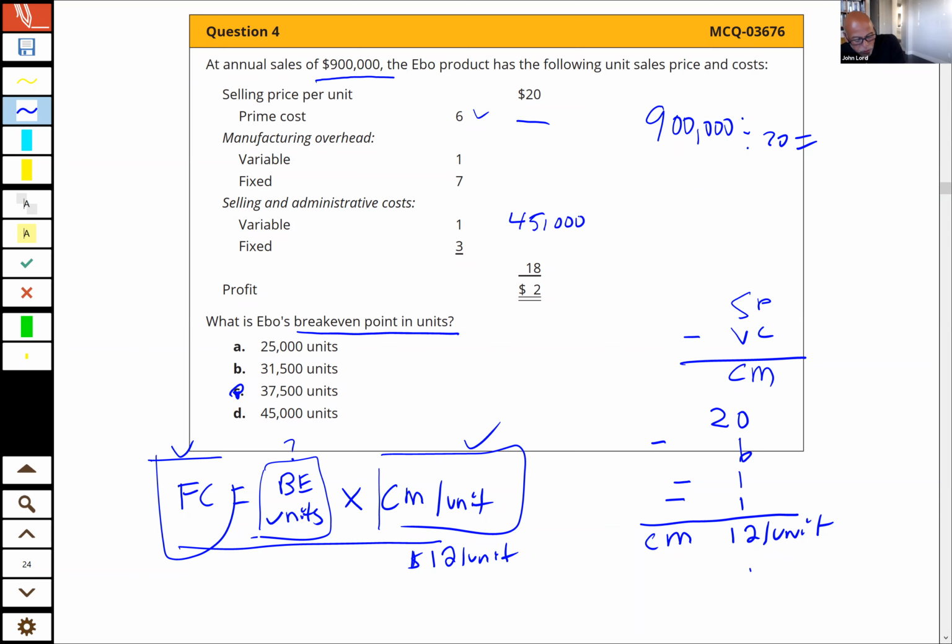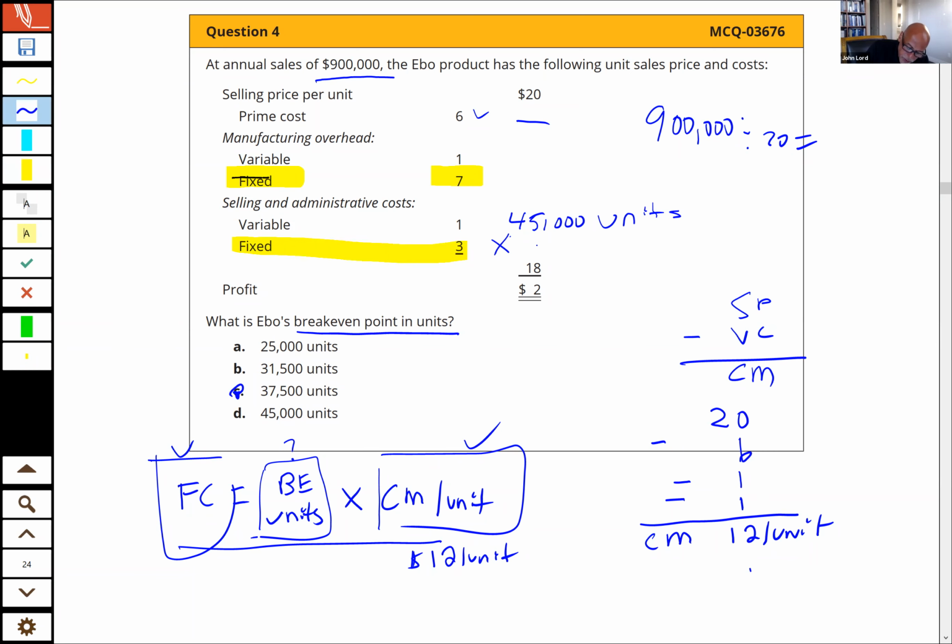Okay, and so 45,000 units times my what? Times my fixed cost, which is 7 and 3. 7 plus 3, right? 10. Which is 10. Thank you.